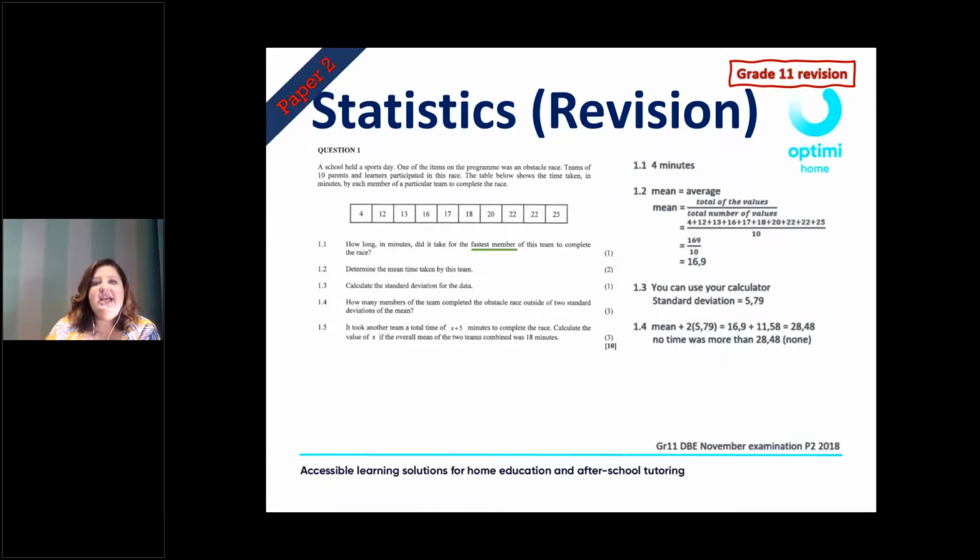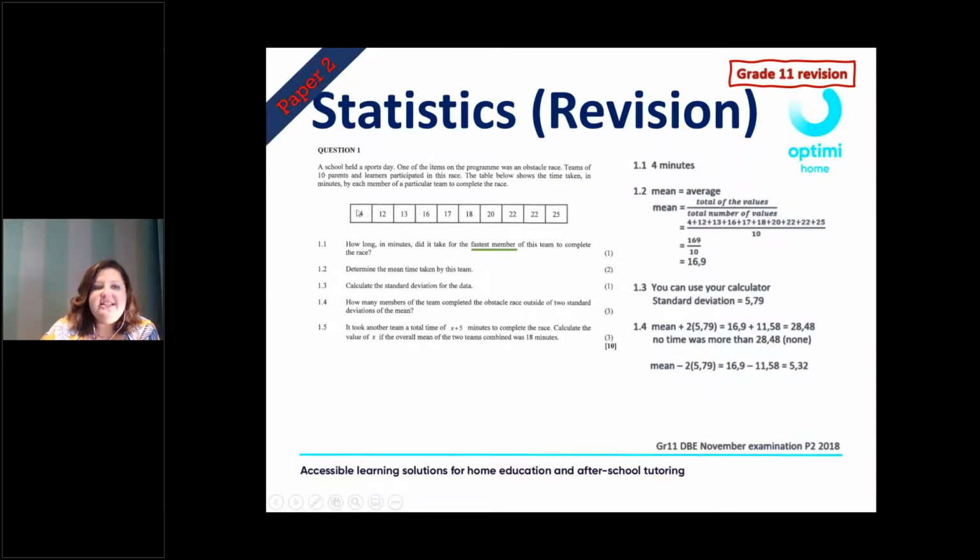So now we need to check which value falls below 2 standard deviations from the mean. So you will take your mean, subtract 2 standard deviations. So it's 16.9 minus 11.58 is equal to 5.32.